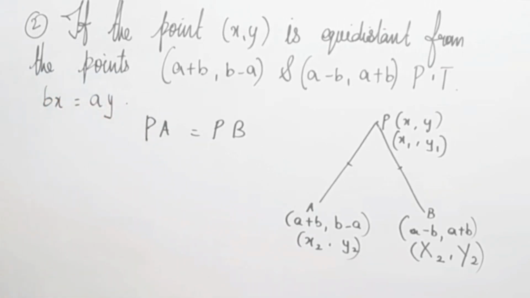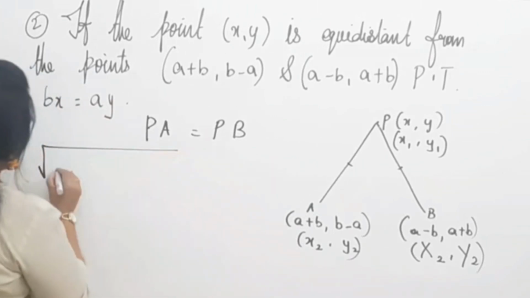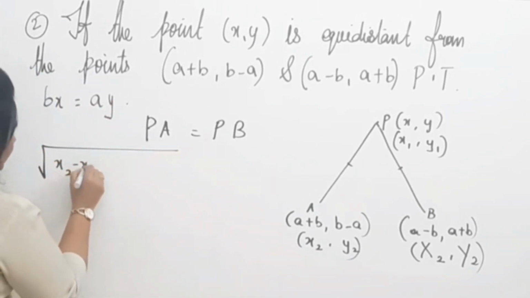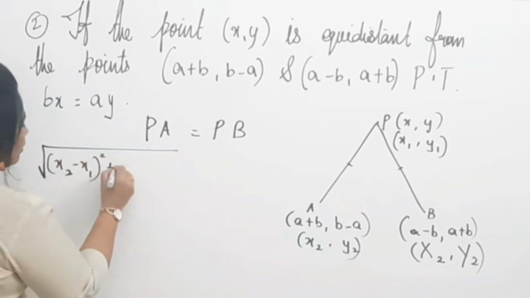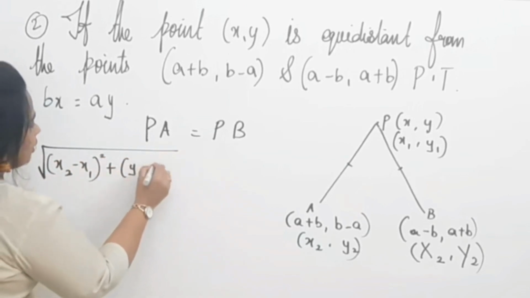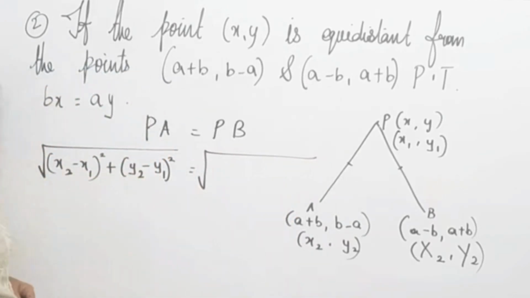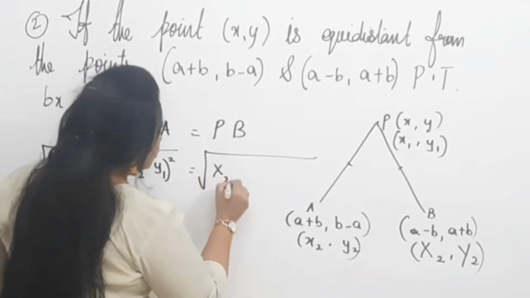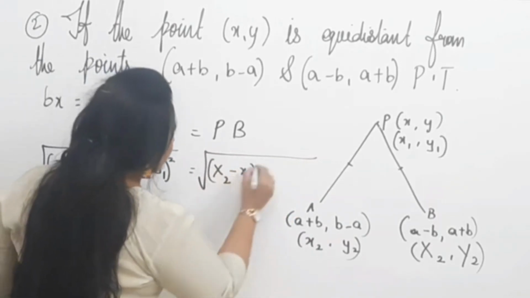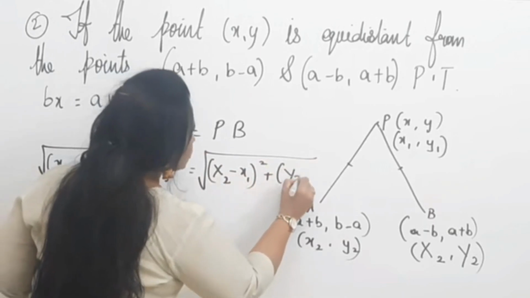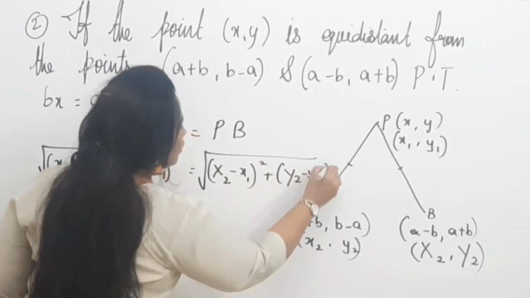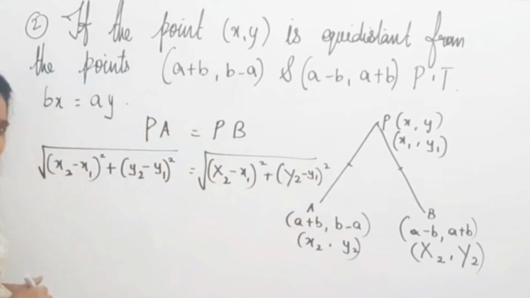Now I am going to write my formula here, that is square root of x2 minus x1 the whole square plus y2 minus y1 the whole square, is equal to square root of x2 minus x1 the whole square plus y2 minus y1 the whole square. These two are the caps.